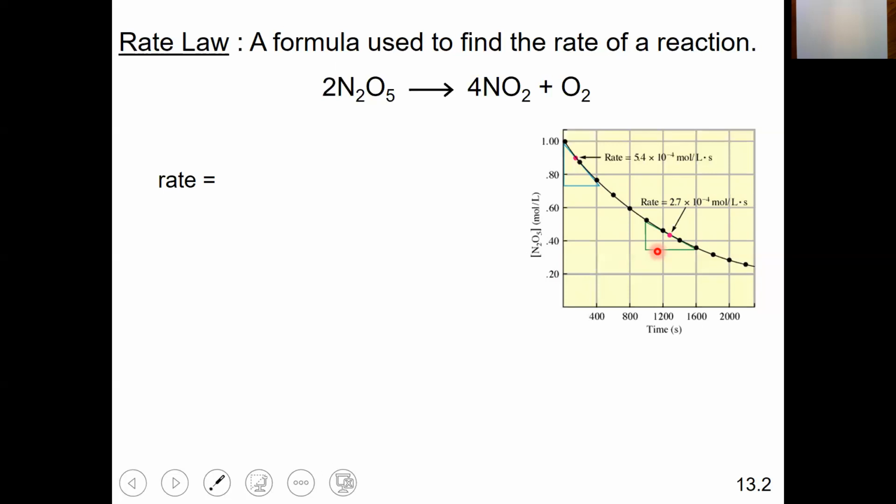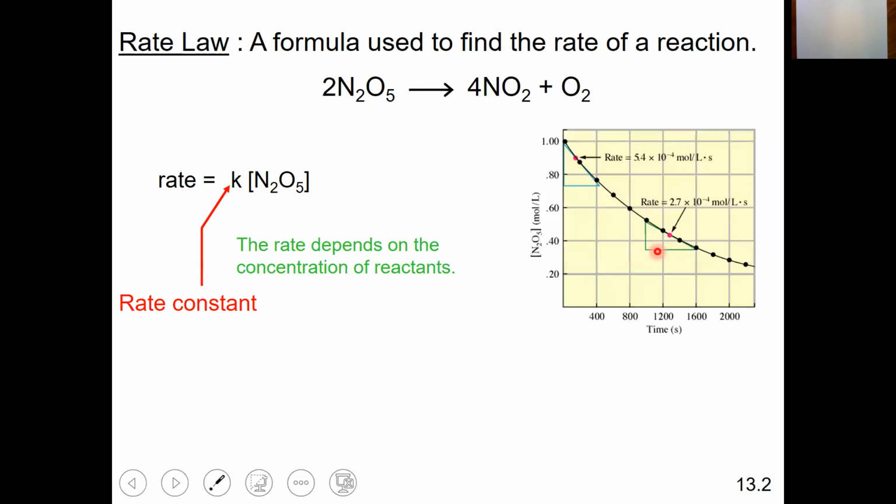That something is always reactants. The rate of the reaction is always dependent on the concentration of the reactants. So we'll stick the reactant concentration in there. That reactant concentration is always multiplied by some k value. Note, I know it's not a big deal to y'all, but this is a little k, small k. Big K in chemistry is the equilibrium constant. Little k is the rate constant.